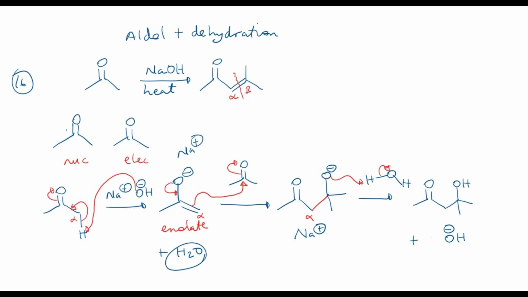The conjugate base of the acid is formed, and again, the counter ion will be attracted to this conjugate base. So this is the aldol product. The next question would then be, this is the alpha and this is the beta carbon. How can we go from this to the alpha beta unsaturated ketone?